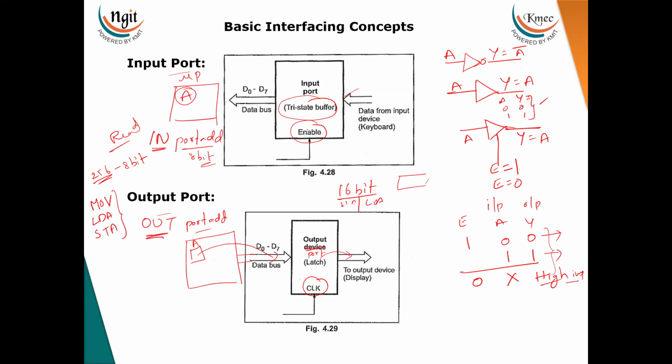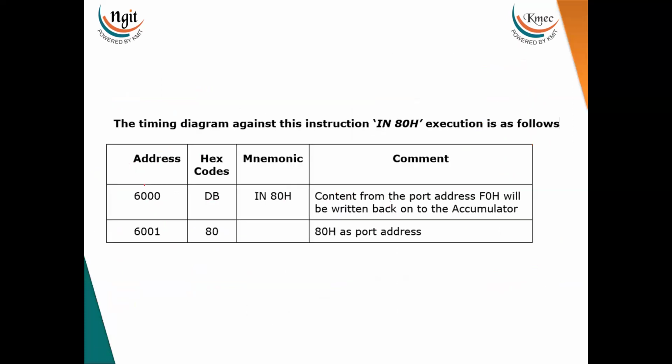So different instructions are used for the memory and IO devices. That's why 8085 is isolated IO. It means the same addresses are used for the IO devices and the memory, but the instructions are different. That is isolated IO. Now we will see the IN instruction and OUT instruction.